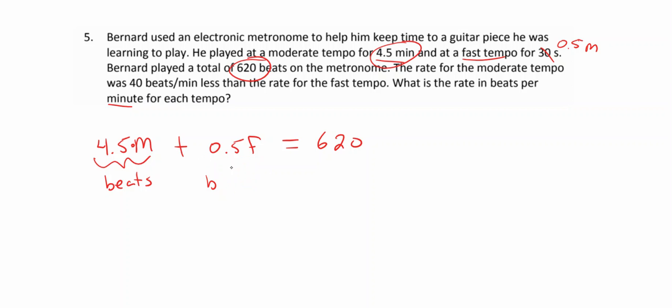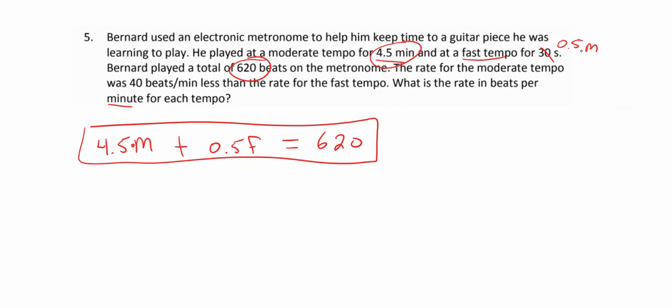Now the second equation, now that we have our bearings on what we're looking for, isn't actually that bad. What does it say? The rate for the moderate tempo was 40 beats per minute less than the rate for the fast tempo. So the moderate tempo, M, was 40 beats per minute less than the fast.